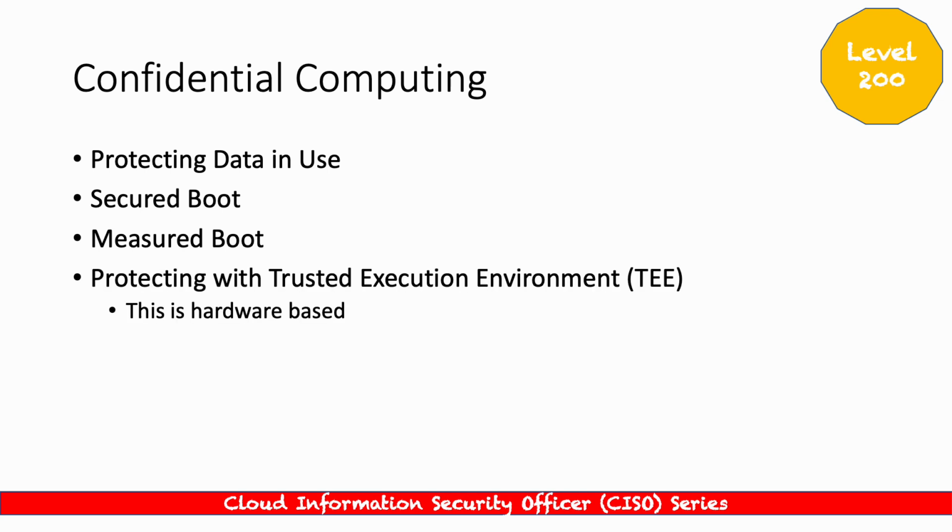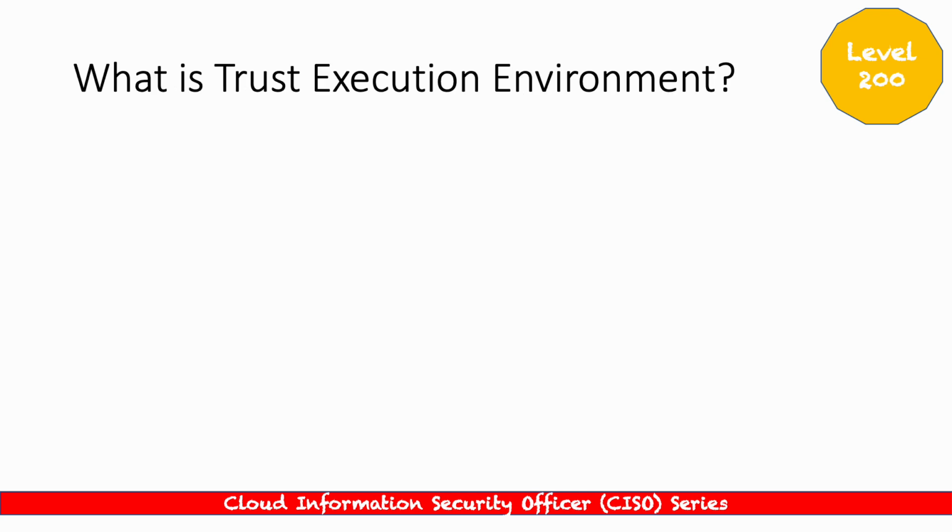Now, as part of confidential computing, what we're doing here is protecting with a concept called a trusted execution environment, right? And this is essentially hardware based. So let's dive a little deeper into what I mean by trusted execution environment.